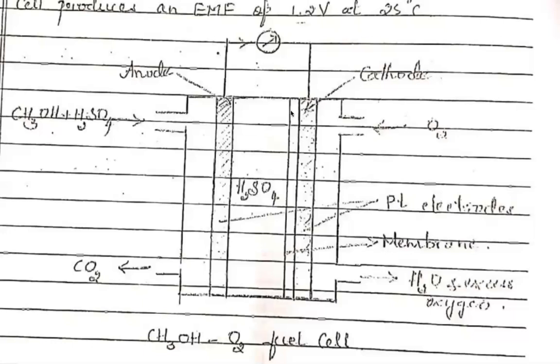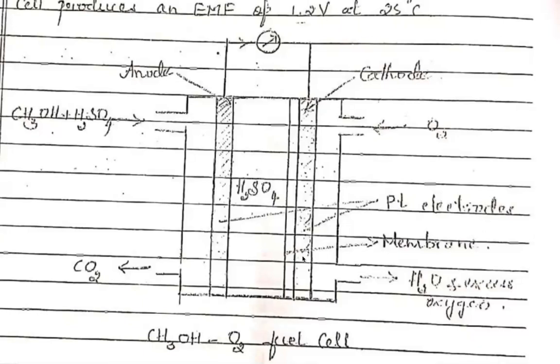One more thing we can observe here is that close to the cathode, we have placed a membrane. You can see a line drawn here near the cathode electrode. So this line is a membrane, placed near the cathode.